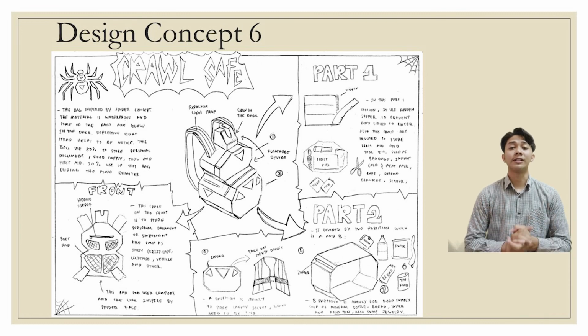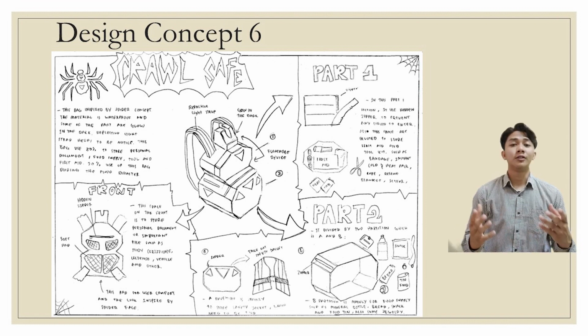Okay, now design concept 6, named Crawl Safe. Why Crawl Safe? Because it's designed like a spider. Like we know, spiders crawl. As you can see, the front of the bag looks like a face.